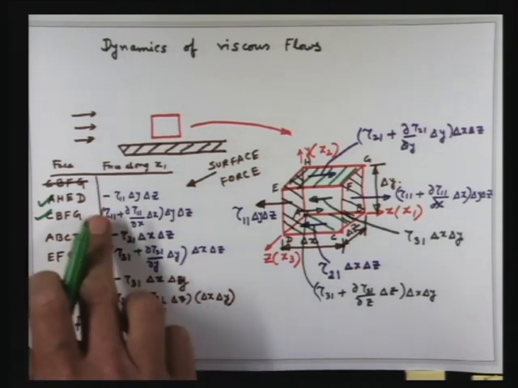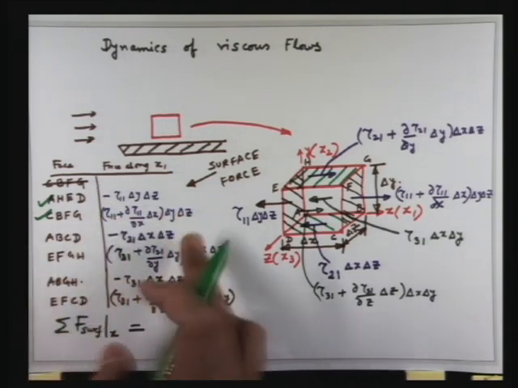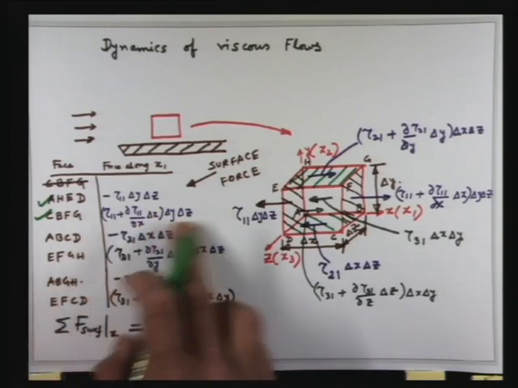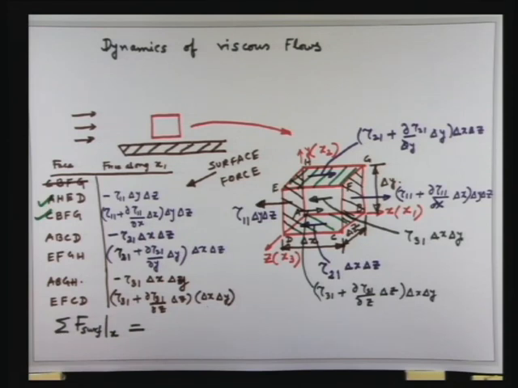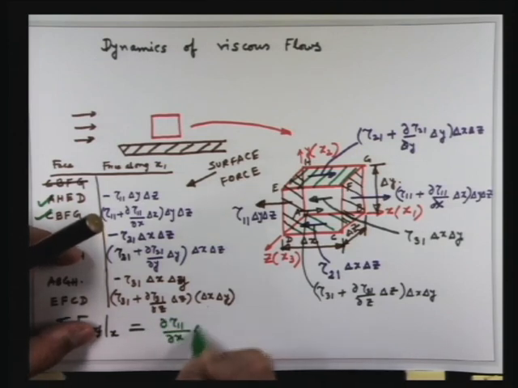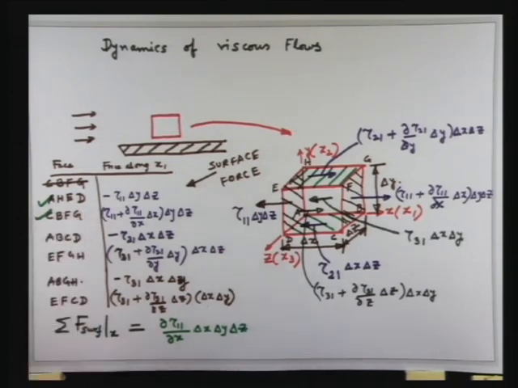One is minus tau 11 delta y delta z, and then plus tau 11 plus del tau 11 del x into delta y into delta z. So what is the sum of these two? Sum of these two is del tau 11 del x into delta y into delta z, right? That is the sum of the forces on these two faces.